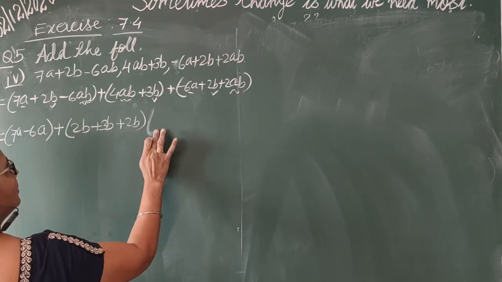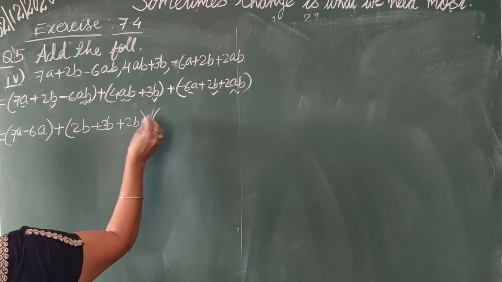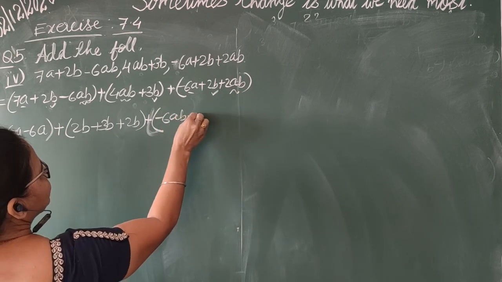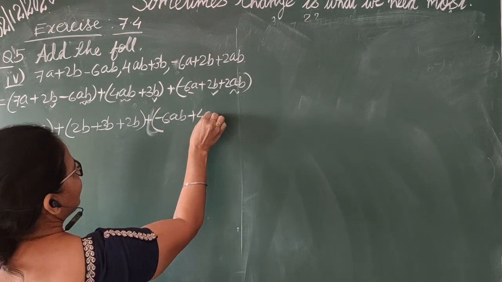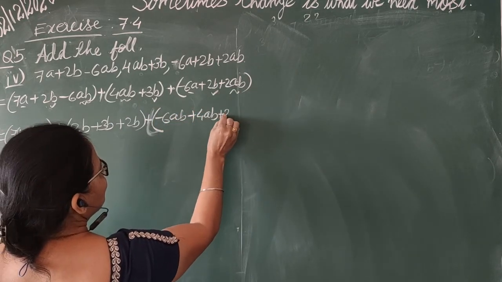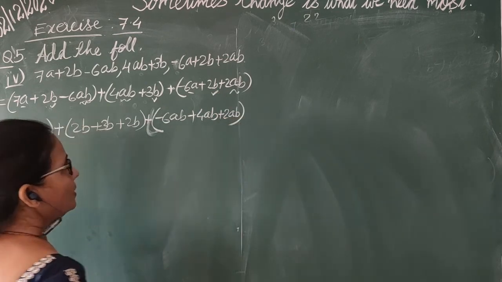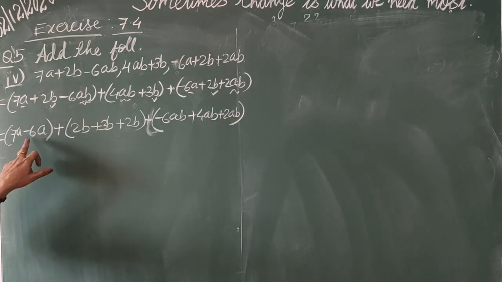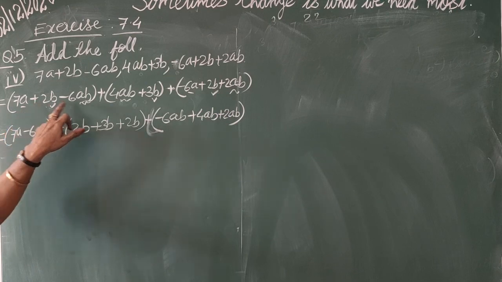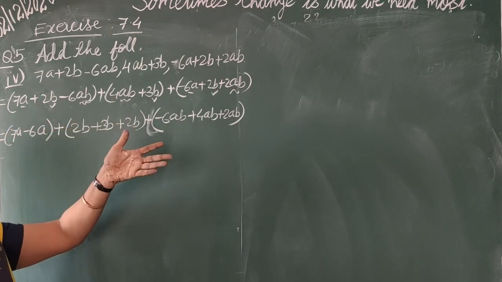So here plus sign, and here it is minus 6ab plus 4ab plus 2ab. Okay. Whatever the like terms, as you can see here, a was there, here there is no a, so we will not write, nothing happens.